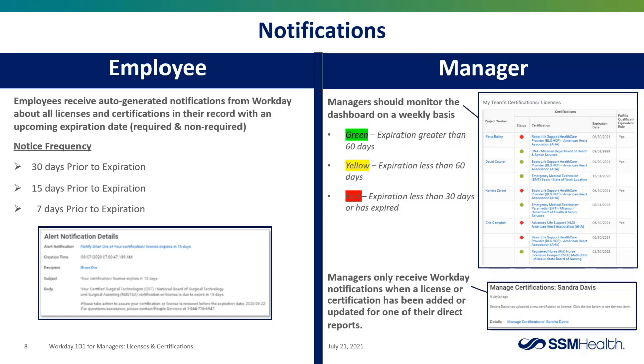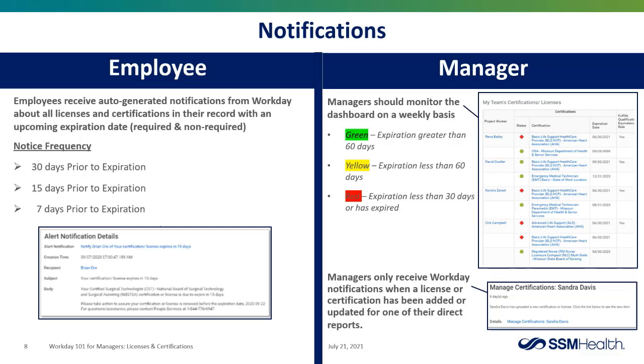And then the managers will receive a notification when the employee submits a license or HRIS does. If we make some kind of change to the license or update, then the manager will get a notification showing that something has been changed or added to an employee's certification.